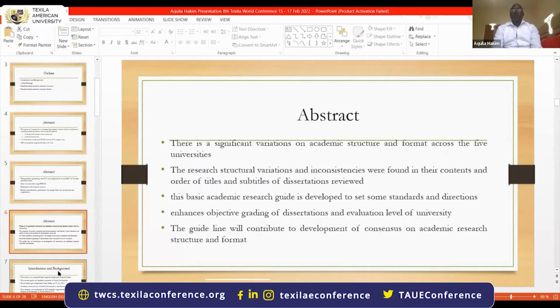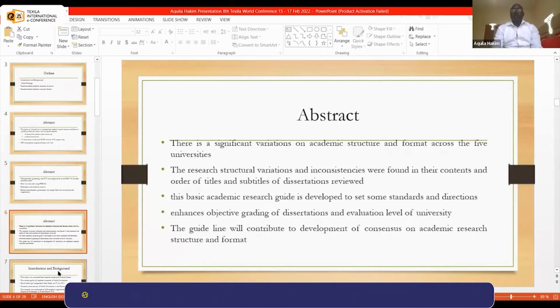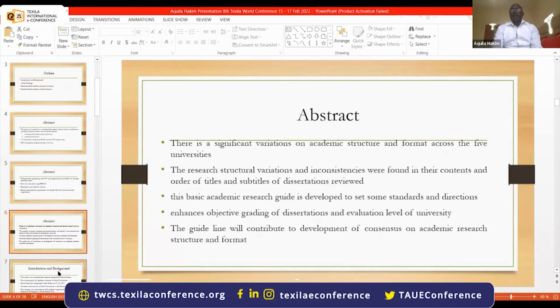This basic academic research guide is developed to set some standards and directions to enhance the objective grading of dissertations and the evaluation level of universities. The guidelines will contribute to the development of consensus on academic research structure and format.